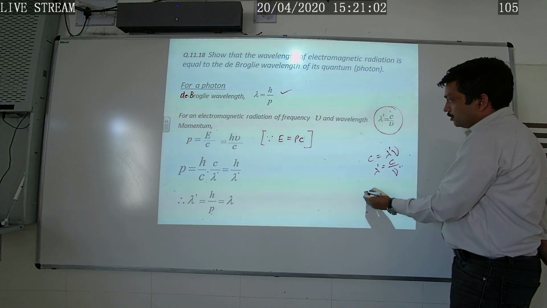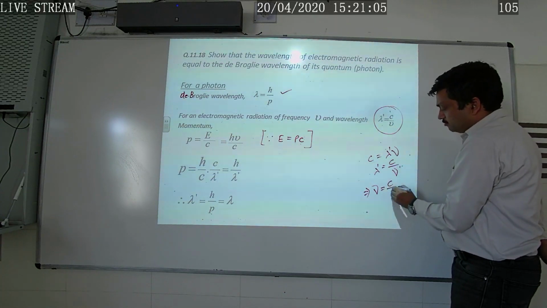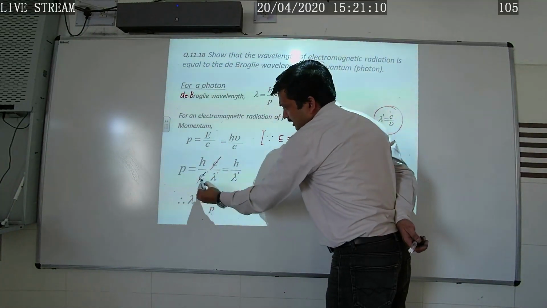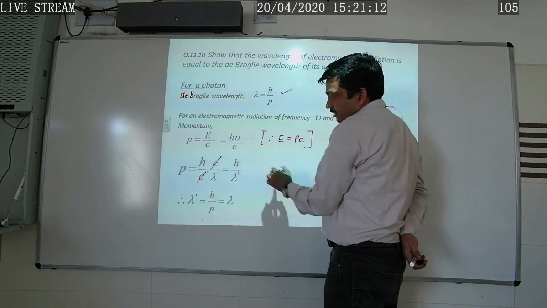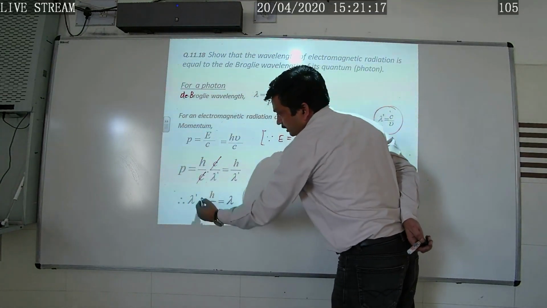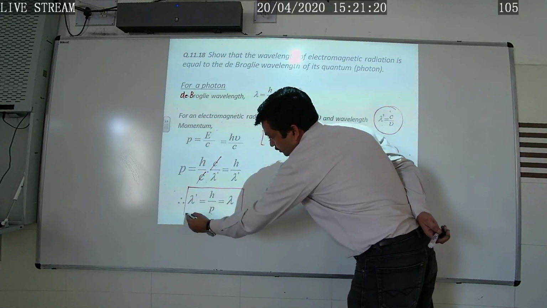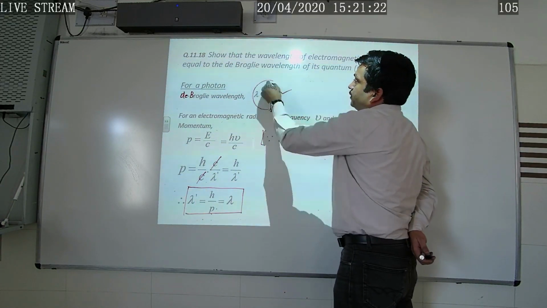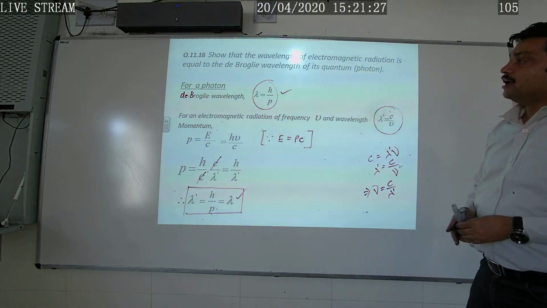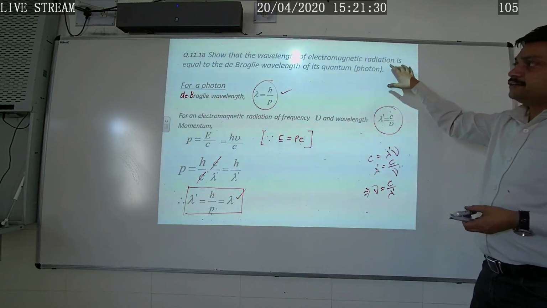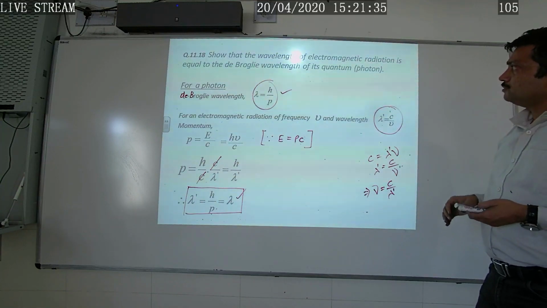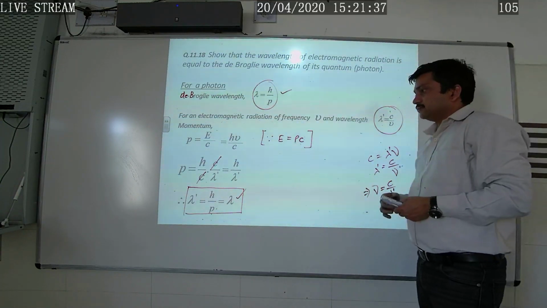So here nu will be equal to c by lambda dash. This c and this c will get cancelled out and we get h by lambda dash. So therefore, taking lambda dash here and p here, we get lambda dash is equal to h by p, and h by p is nothing but lambda. So hence it is proved that the wavelength of electromagnetic radiation is equal to the de Broglie wavelength of its photon or quantum. Let's move ahead.